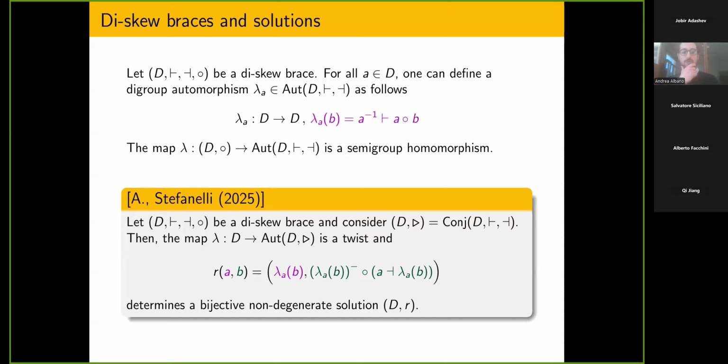Now, where to go from here? We have defined these di-skew braces. We have shown that starting from the additive structure and using its conjugation rack, we can produce non-degenerate solutions to the Yang-Baxter equation.